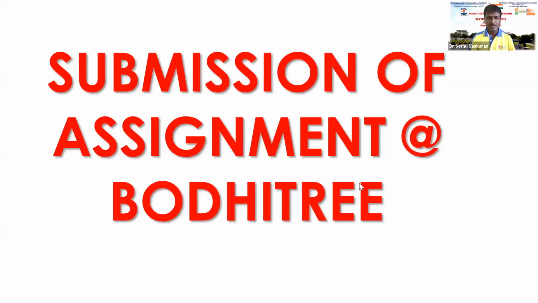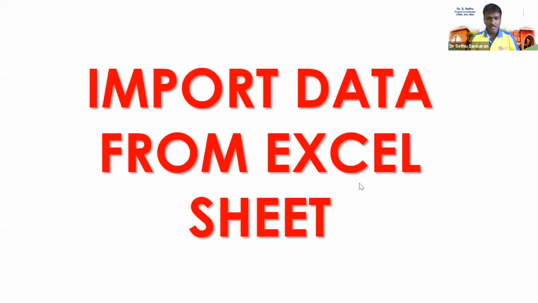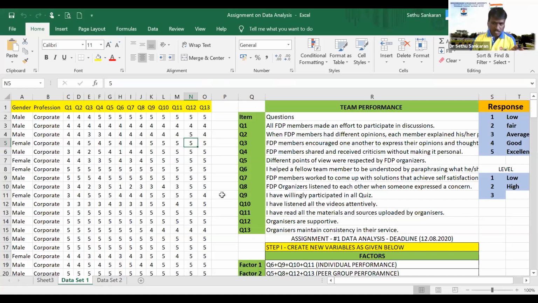First process, importing data from Excel. So now I am moving to the Excel file. Here you can see there are two things. One is a data window, another one is data set 1 and data set 2.